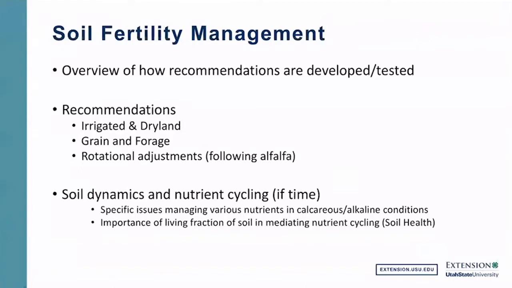So I'd like to start off with a little overview of how recommendations are developed and tested, and then go over what the recommendations are that Utah State has promulgated over the years for both irrigated and dryland grain and forage, and talk a little bit about rotational adjustments, particularly following alfalfa, as most of us are generally following alfalfa with either corn or small grain rotational crops.